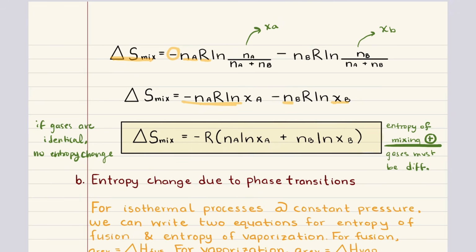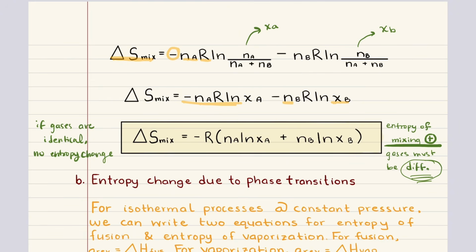There's no new distinguishable arrangements that are created by removing the partition. So in fact, the entropy of mixing is 0. Now, this scenario is actually called the Gibbs paradox, and the entropy of mixing, we need to note here, only applies when the gases are different in identity.